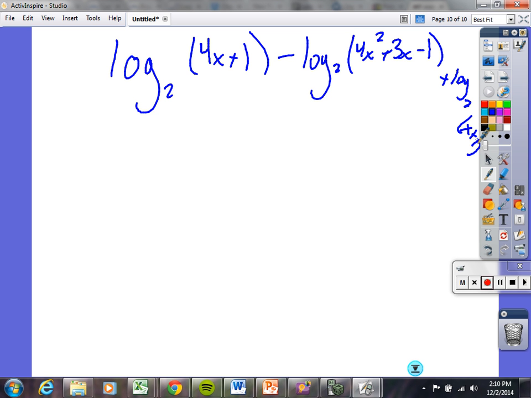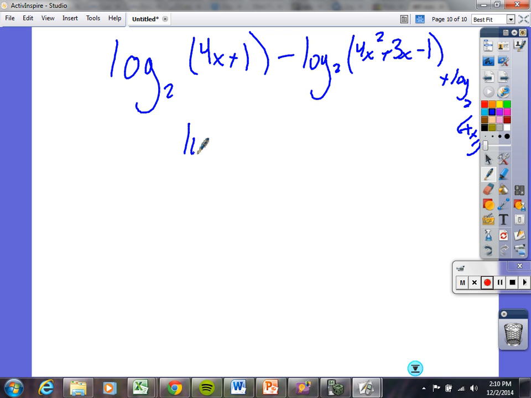Okay. Gentlemen, really quick. So I have log base 2 of 4x plus 1 minus log base 2 of 4x squared plus 3x minus 1 plus log base 2 of x plus 1. Okay? So, let's simplify this. Anything that's positive is going to go where? Anything that's negative is going to go where? On bottom.